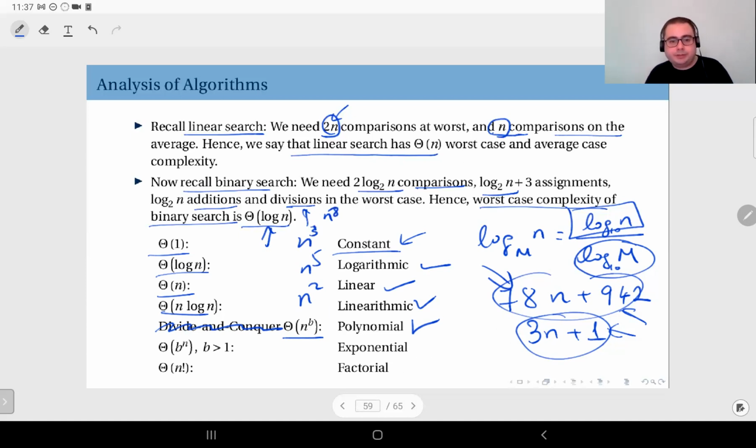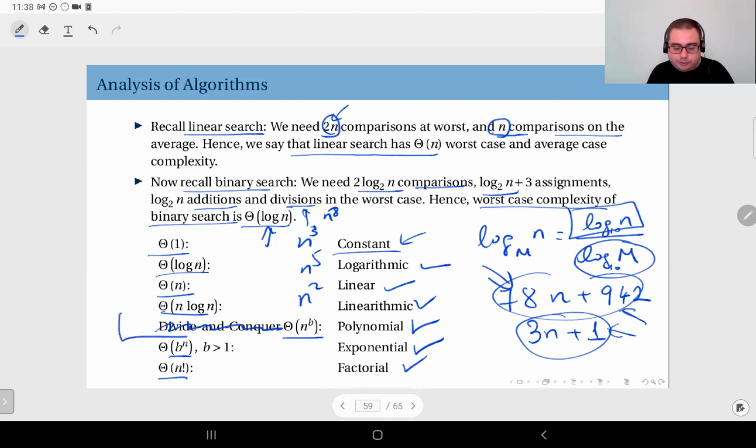That's the main thing. And of course, a linear function is a special type of polynomial, so you can also count that in polynomials. After polynomials, it gets fast. So b to the power n we call exponential complexity, and n factorial is obviously factorial.